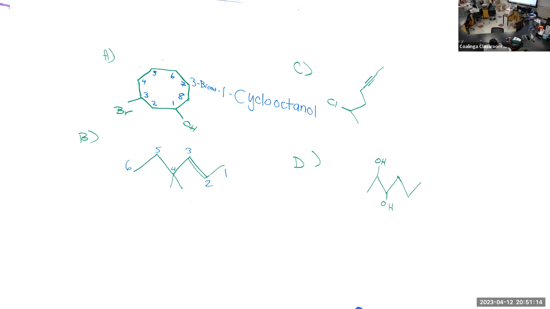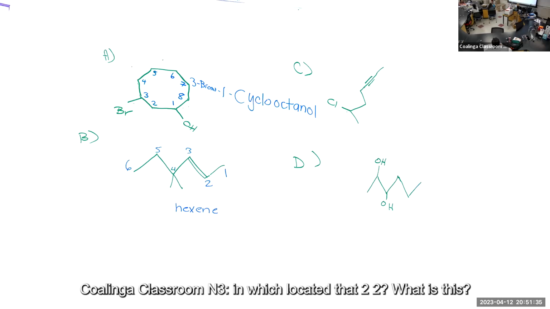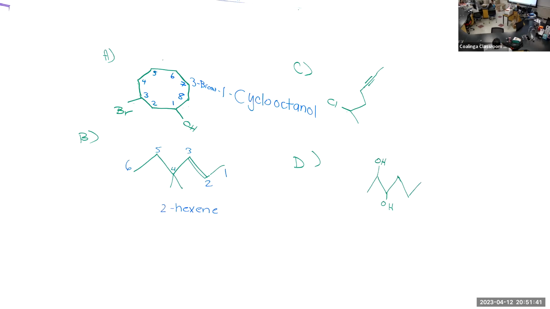Okay. So 6 carbon chain. Double bond or single? Okay, where's it located? 2. And what is hanging off of this 4 carbon? 2 singles, right?